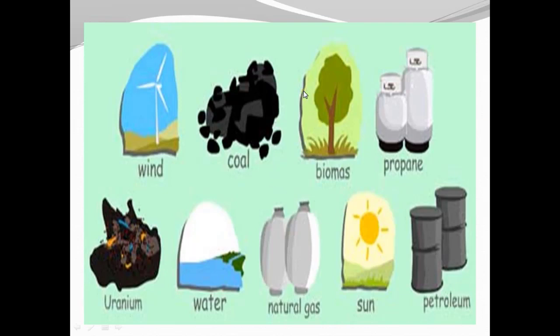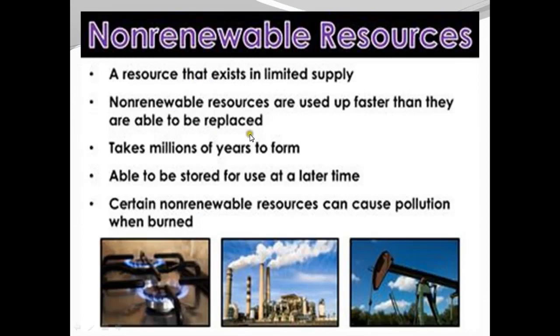Now let's talk about the non-renewable resources. Exactly opposite of the renewable resources, these resources exist in limited supply. Also, these non-renewable resources are used up faster than they are able to be replaced.